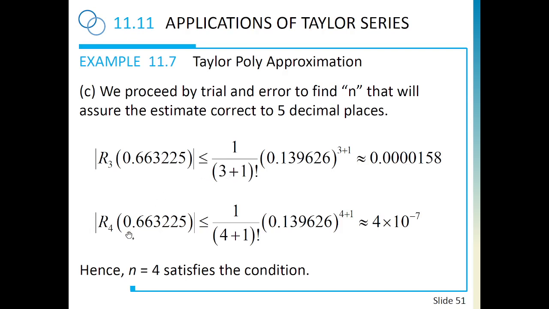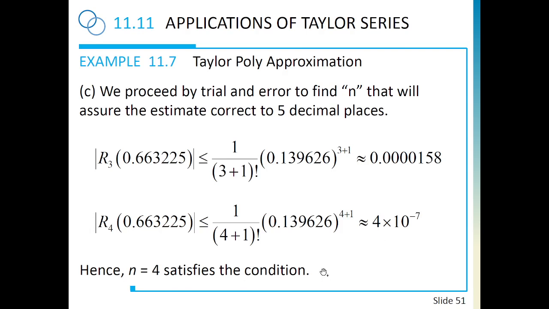If I try n equal 4 and put it in the formula, I get a much better estimate because this one is 4 times 10 to the power minus 7, so this definitely satisfies the criteria of 5 decimal places. So in our case, n equal 4 is going to give us an approximation that will satisfy the criteria.